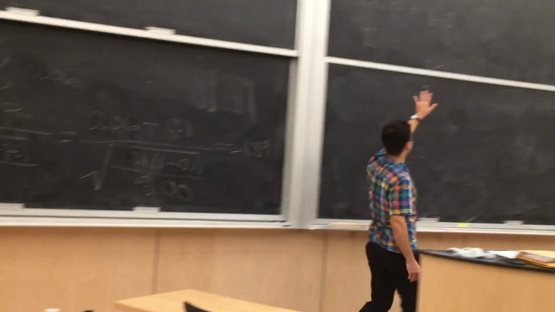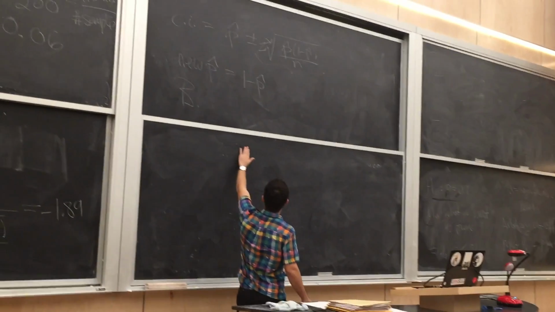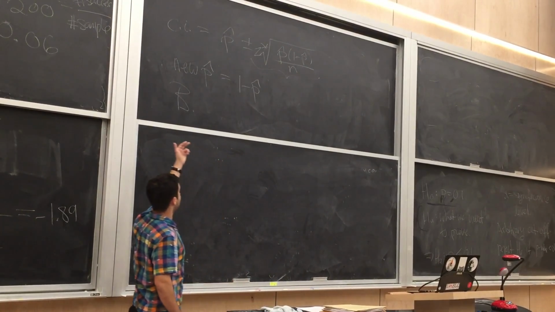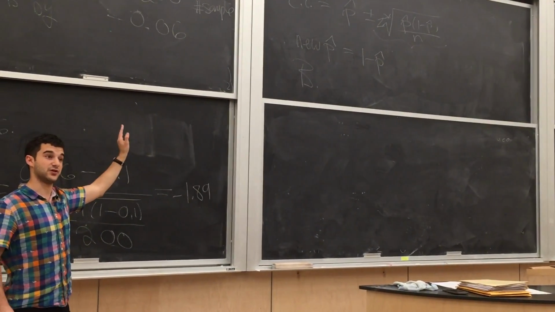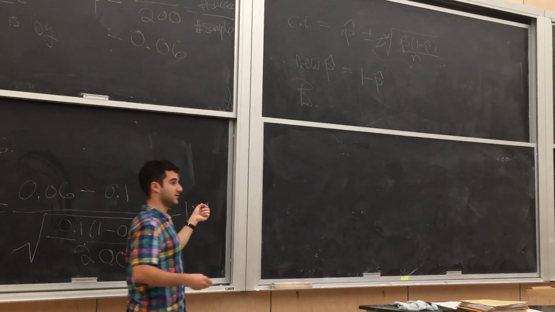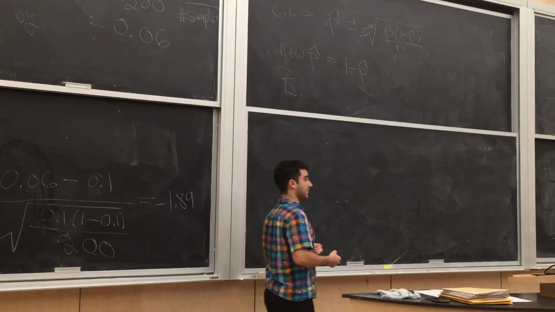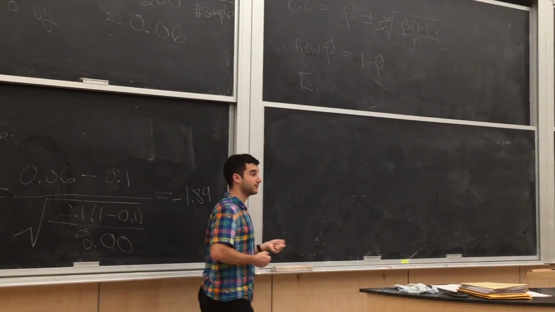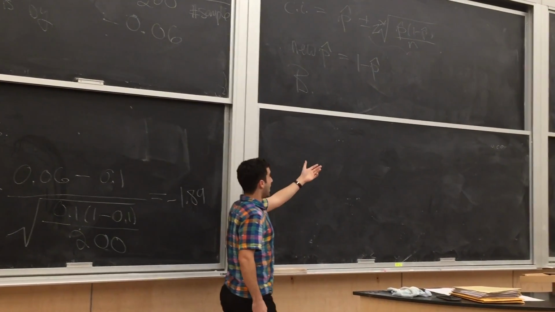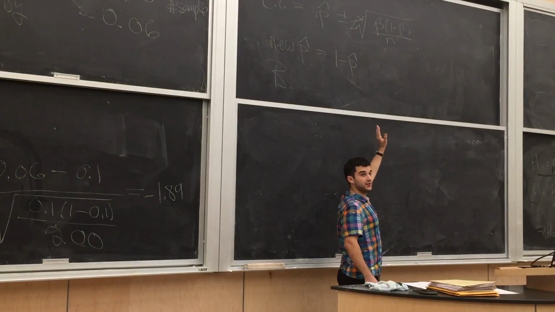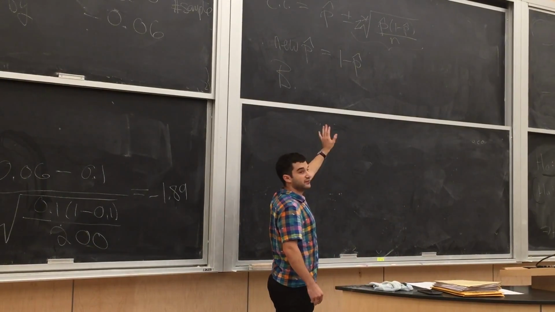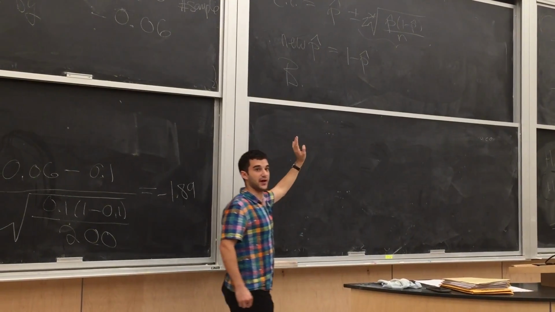When we're doing confidence intervals, we don't actually know what the proportion is for the population. The whole point of confidence intervals is we're trying to estimate the population proportion. So there's no way to just plug in p, and that's why we use our estimate for p, which is p hat.